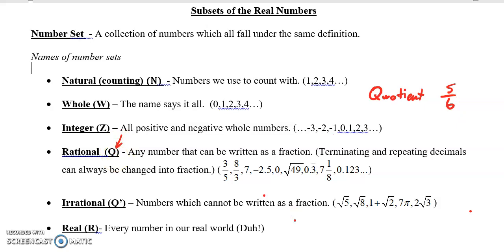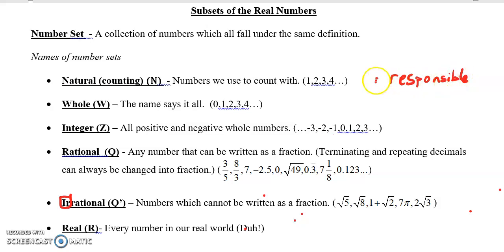Now, the next set of numbers is called irrational numbers. And you should know that the prefix IR means not. So, for example, if I take the word responsible, we all know what responsible is, I hope.